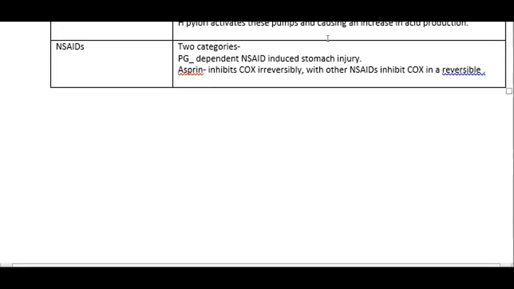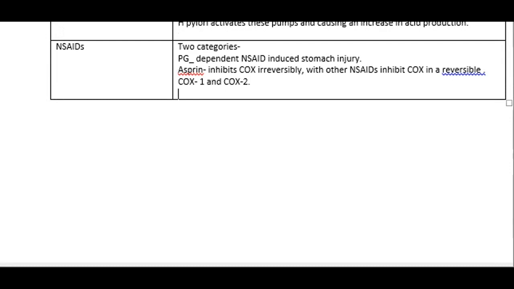There are two types of COX enzymes, the COX-1 and the COX-2. What are these COX-1 and COX-2? The COX-1 is responsible for maintaining the mucosal integrity, and the COX-2 is participating in the inflammatory activities.